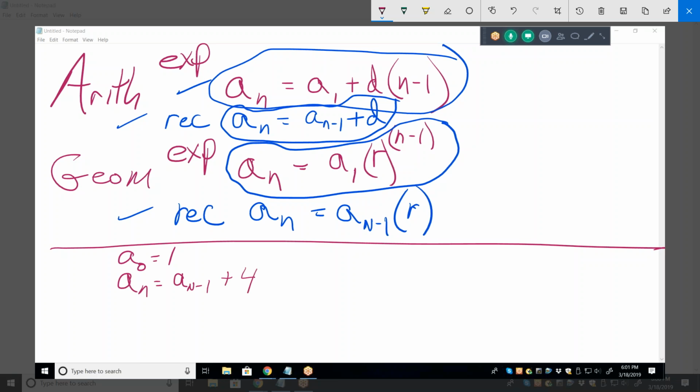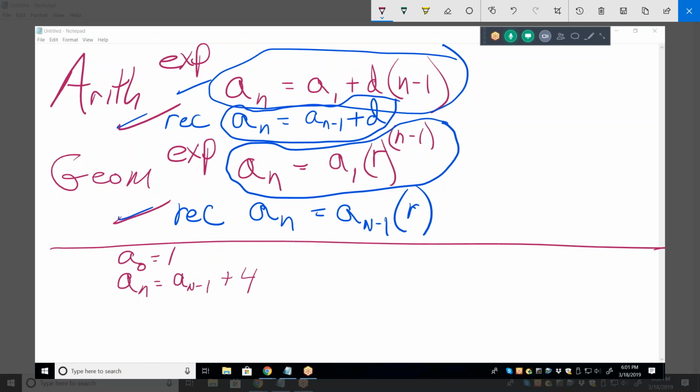So this looks like it's going to be an arithmetic sequence. Right? Because it fits this definition here. It does not fit this definition here. It's got a plus 4. That's going to be plus D.